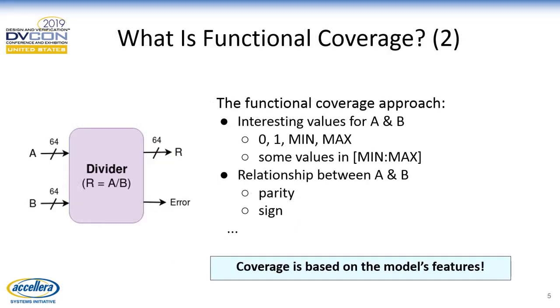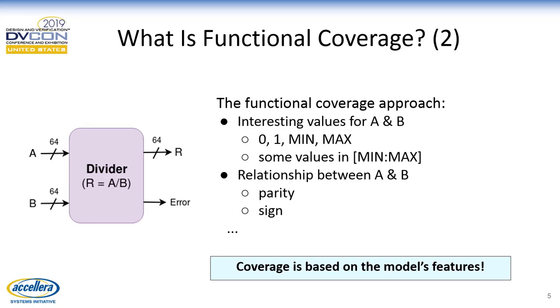So what would be the functional approach to verify this kind of module? We will try to think of scenarios or interesting cases. Regarding that, we would look at the inputs for the most part and also at the outputs. For the inputs, probably the most interesting cases would be values like 0 and 1 and minimum and maximum.